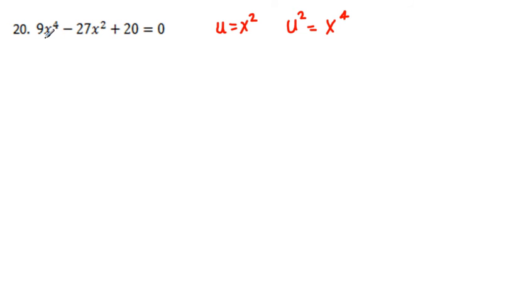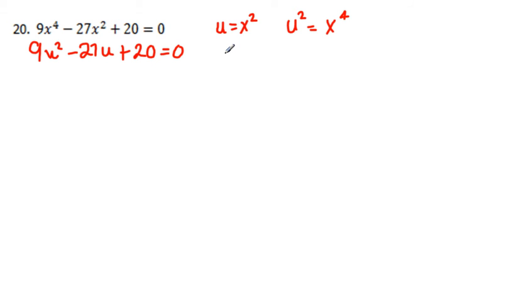Now I can replace them here. 9 u squared minus 27 u plus 20 equals 0.